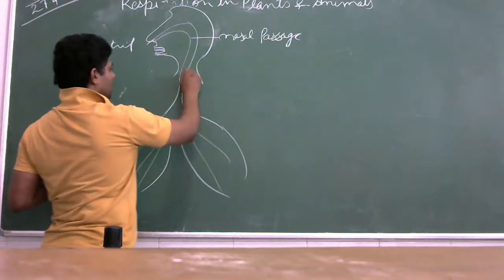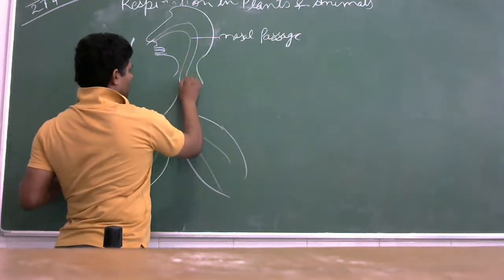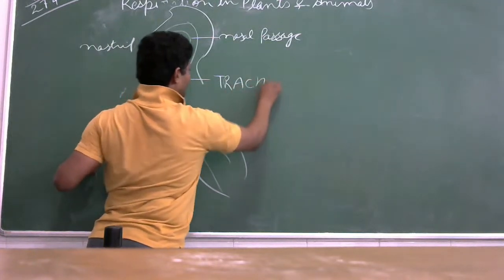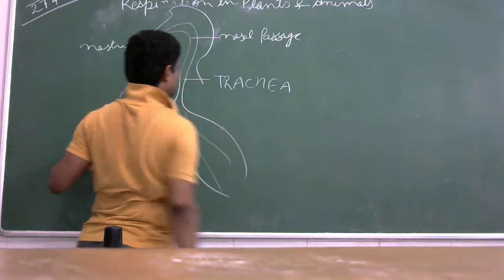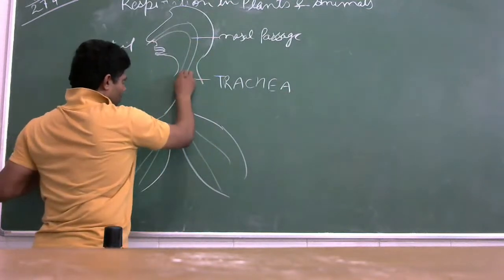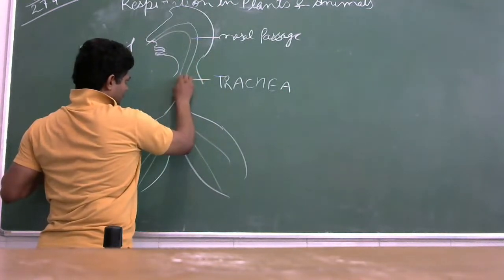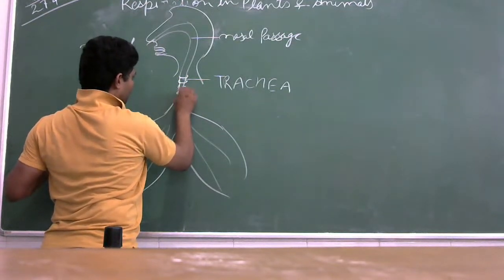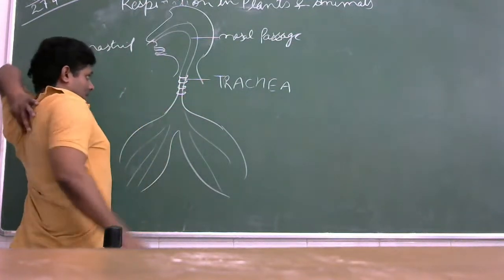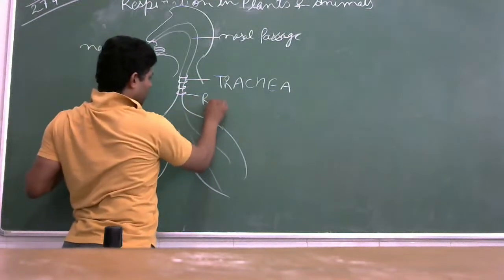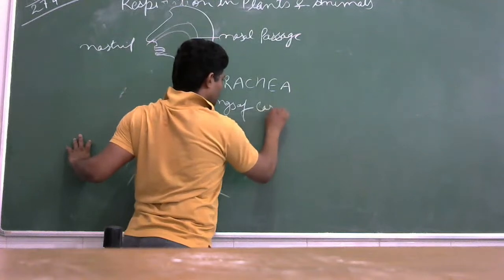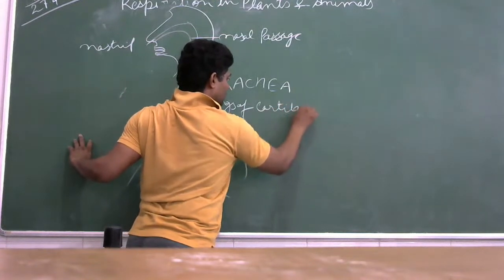ultimately this nasal passage opens into the trachea. This trachea is covered with rings of cartilage.